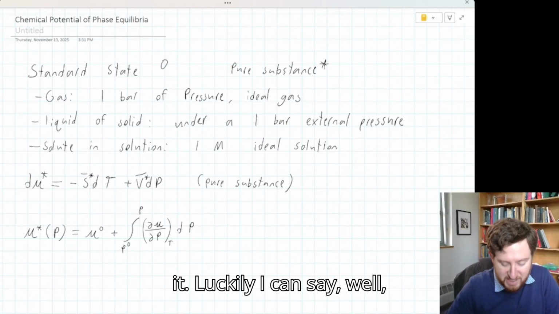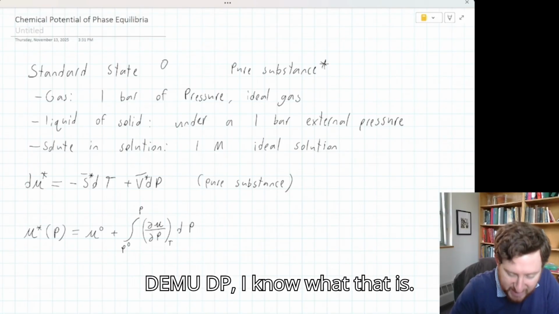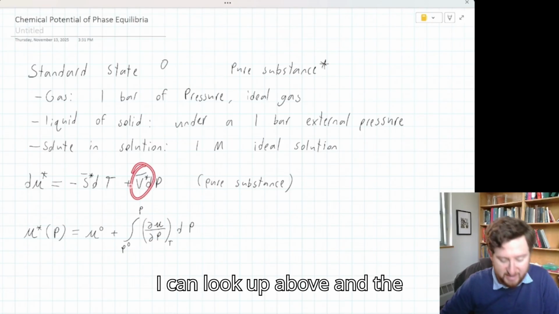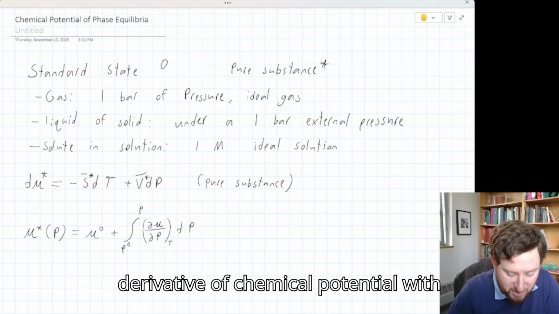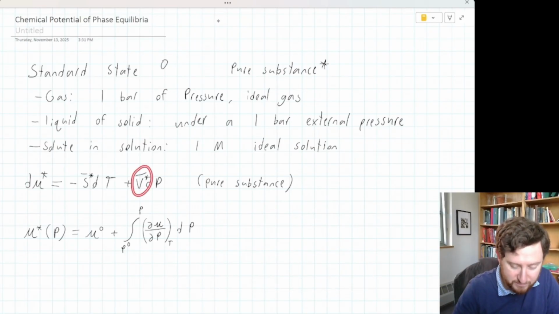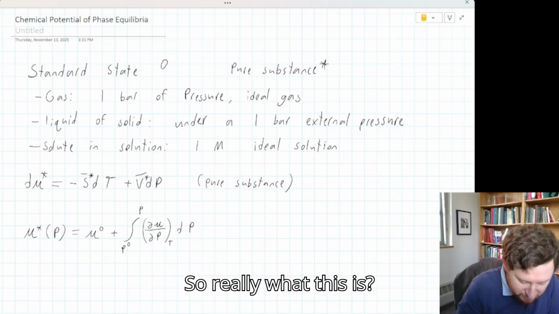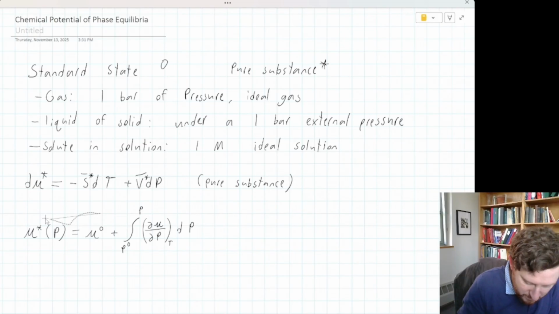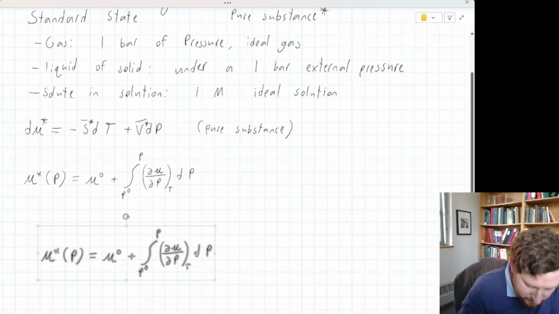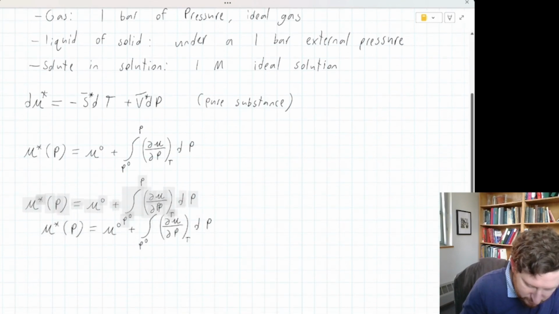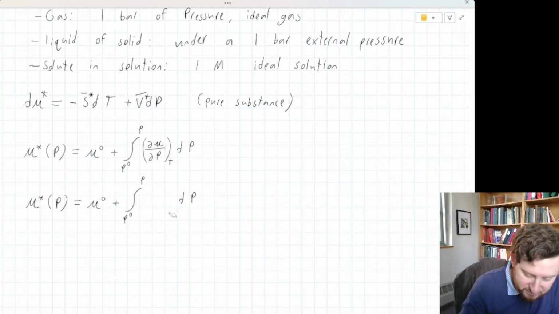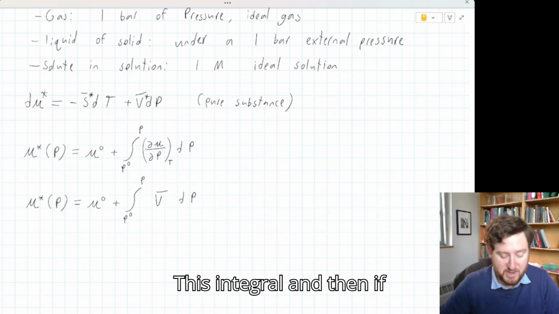Luckily, I can say, well, d mu dP, I know what that is. I can look up above, and the derivative of chemical potential with respect to pressure is V bar. So really, what this is is this integral.